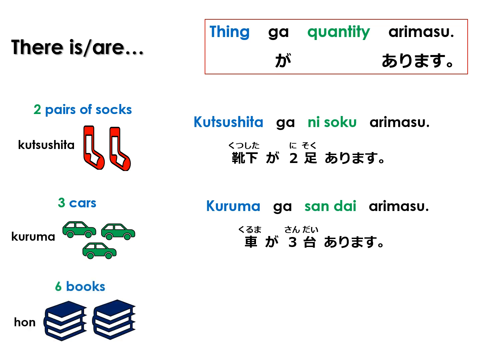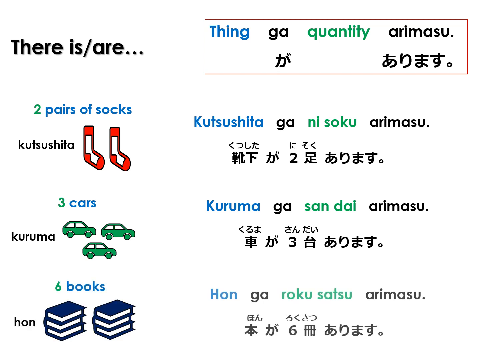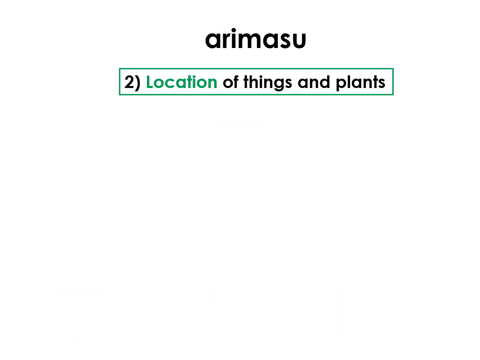To say there are 6 books, in Japanese, that is, hon ga 6冊 arimasu. Same as before, with the verbs imasu and arimasu, the location of the thing that exists takes the particle ni. For sentences that begin with there is something in the something, the location is preferably said first.